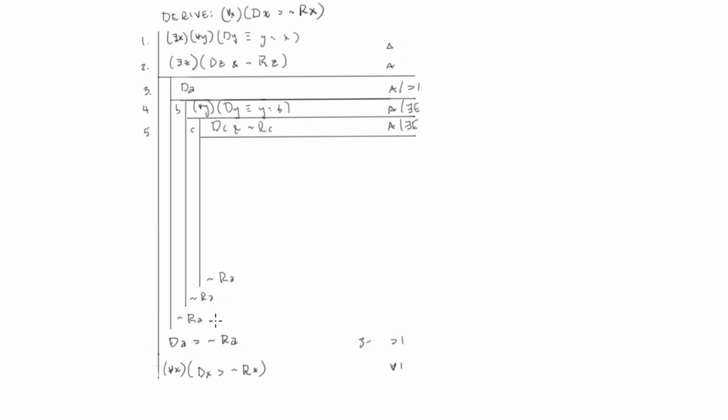So this tilde RA is going to come into the proof from line 1 and the subderivation that starts on line 4, existential elimination. And then this tilde RA, this one, is going to come from the existential on line 2 together with the subderivation that starts on line 5 by appeal to existential elimination.